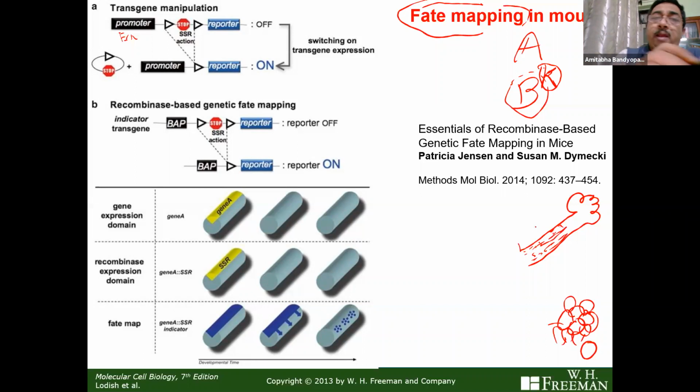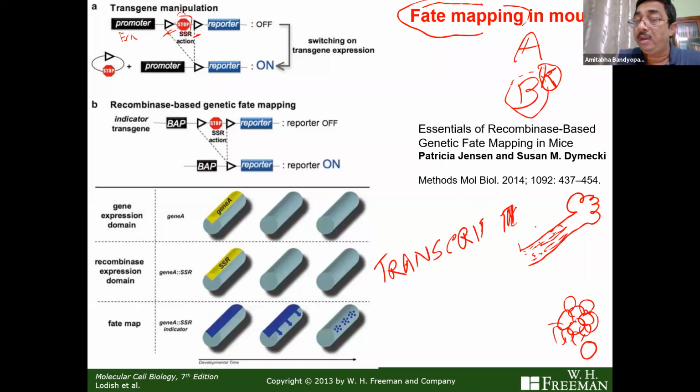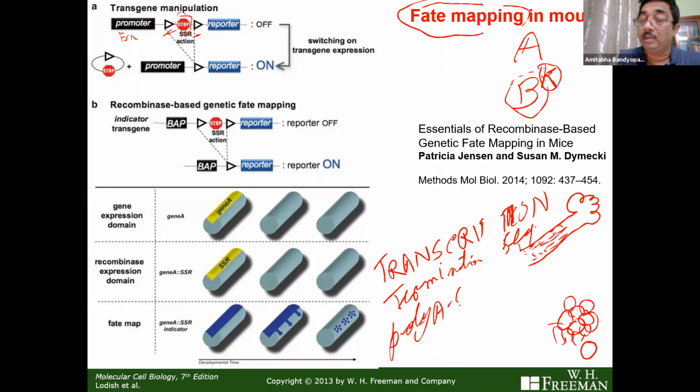So you simply take that promoter enhancer and then have this very cool structure. This is a LoxP site, this is a LoxP site, and in between is a transcription termination sequence, a polyadenylation sequence.